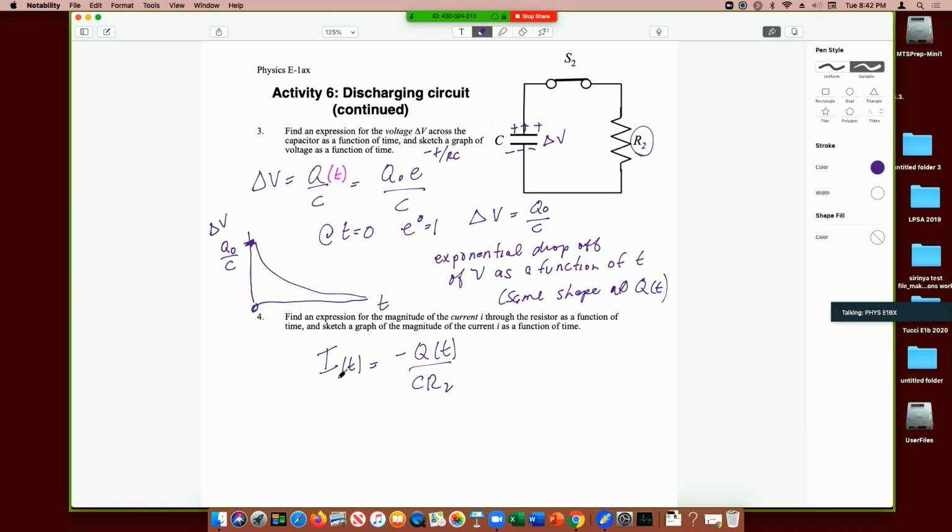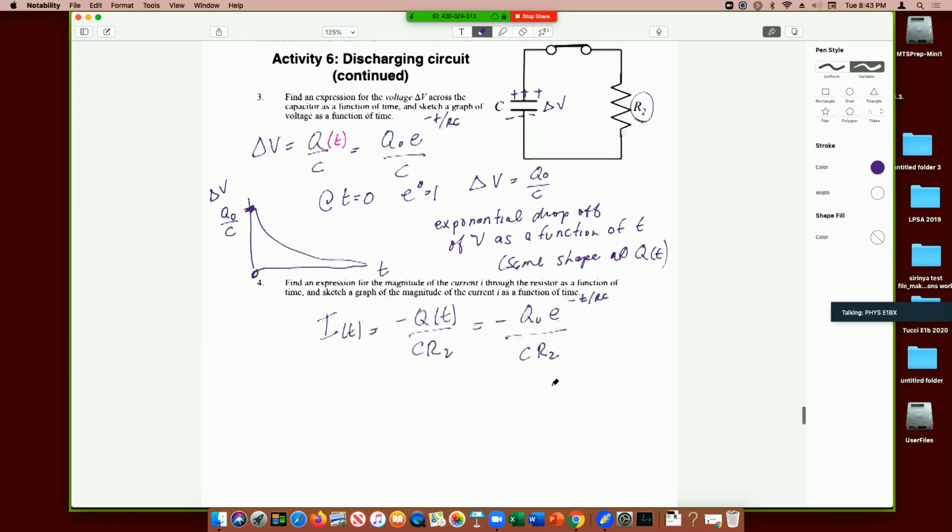I showed that on the last page. I know what Q(t) is, it's just the discharging equation, so all I have to do is substitute that in. So it's negative Q naught times e to the minus t over RC, over C R2.